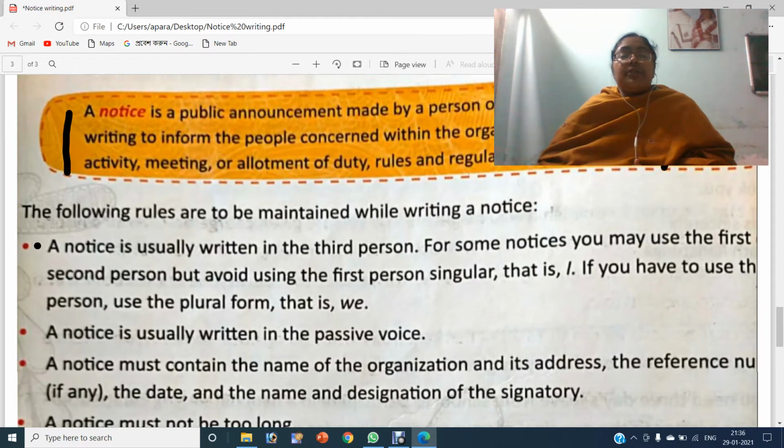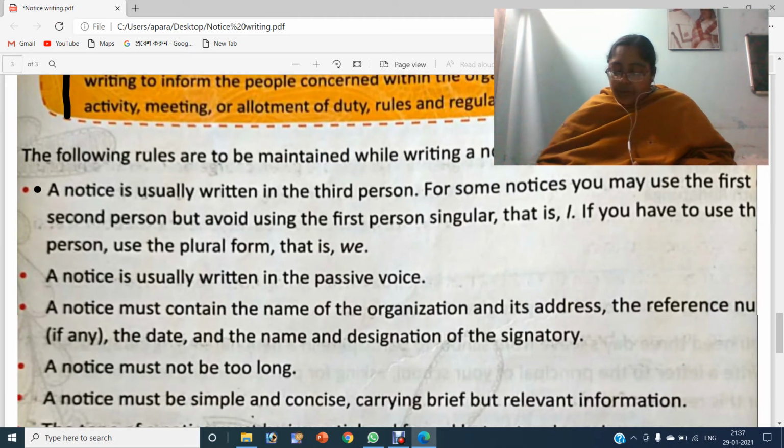A notice is usually written in the third person. For some notices, you may use the first or second person. But avoid using the first person singular number. That is, if you have to use the first person, use the plural form. That is we.